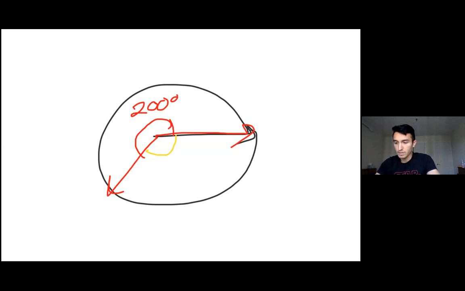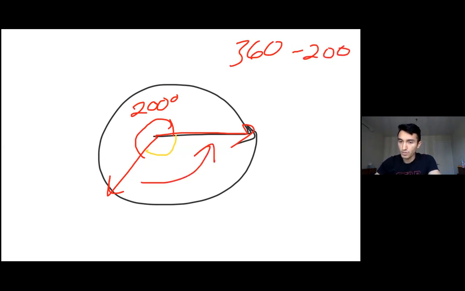And what's left is going to be what's left of 360, right? Well, 360 minus 200, because to get all the way to here is 360, but we only went 200. So the difference is 160.